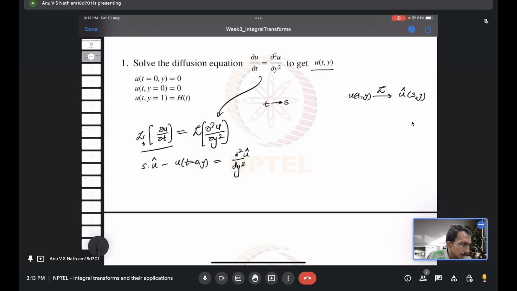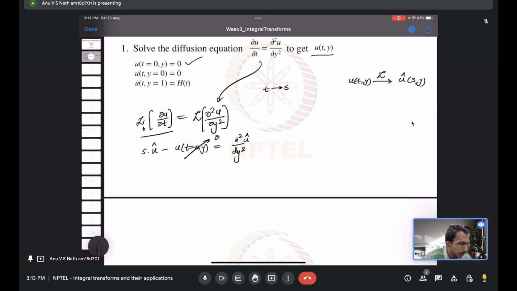Okay, now u of t equal to 0 at all y means at initial time at all y locations, the velocity field, which is given as the initial condition, is 0. So we apply that, so this is actually 0, so we get s into u cap is equal to d square u cap by dy square, or d square u cap by dy square minus s into u cap is equal to 0.